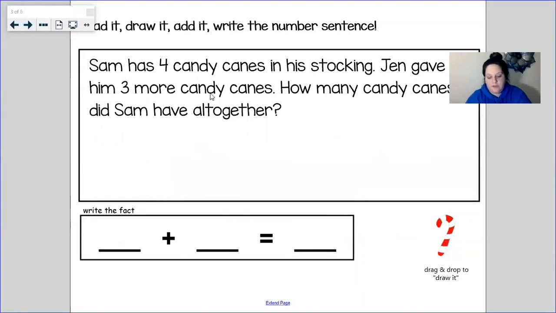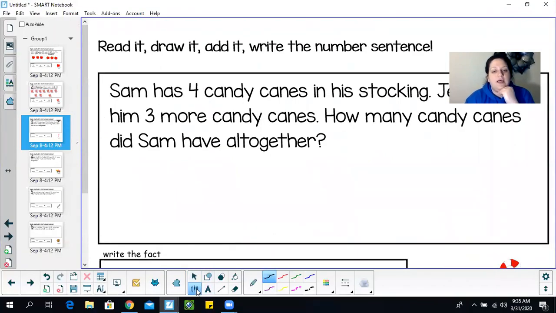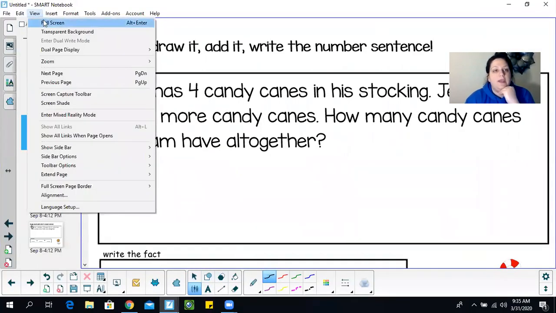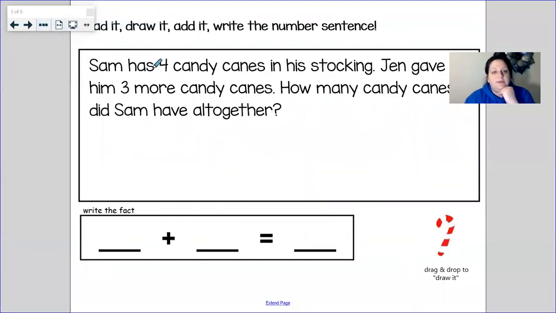Okay, so this is on your next page, so you'll turn to your next page and remember that you're going to draw pictures in the boxes. So the next one, it says day 2 at the top. All right, so this says, Sam has 4 candy canes in his stocking. Jen gave him 3 more candy canes. How many candy canes did Sam have all together? So there are some important things that we need to underline and circle so that we know what we're doing. So first, we need to do the numbers.